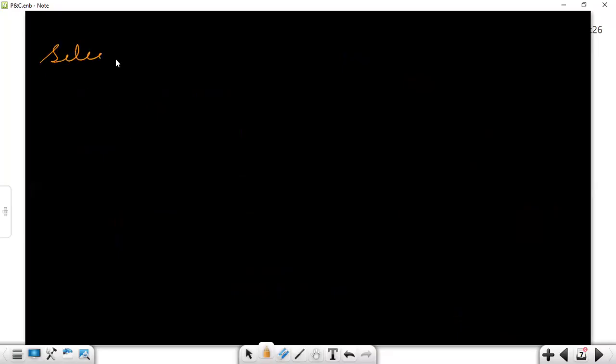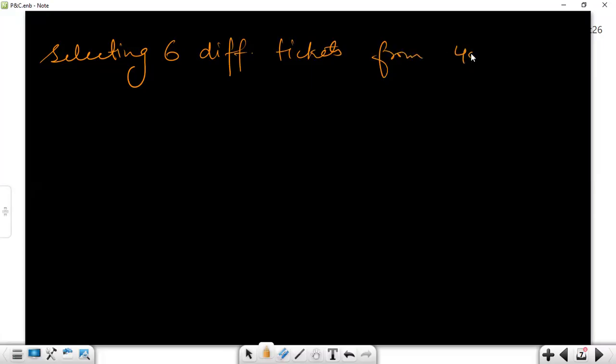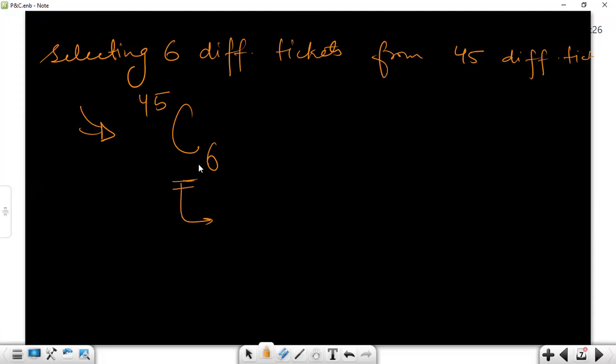It's like selecting 6 different tickets from 45 different tickets. Okay. So the formula for selecting some things from the total bulk is given by this, and we are going to talk more about this particular combination later, but the answer for the question will be written like this.